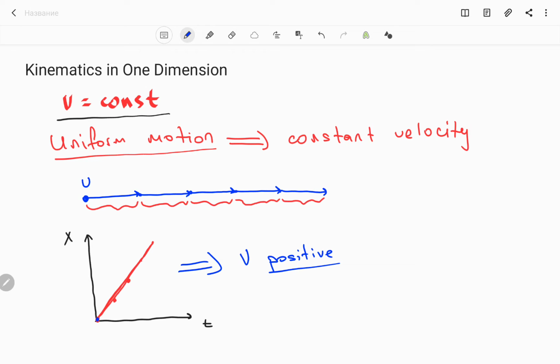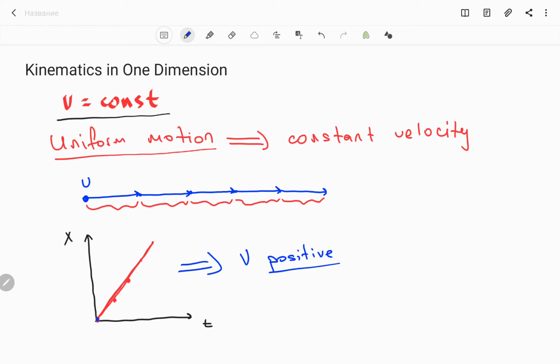Positive means this object is moving to the right side. Usually we say that if a car moves to the right side, we say positive velocity. If a car or object moves to the left side, we say it's moving in the wrong direction. So we should expect a negative value for velocity.